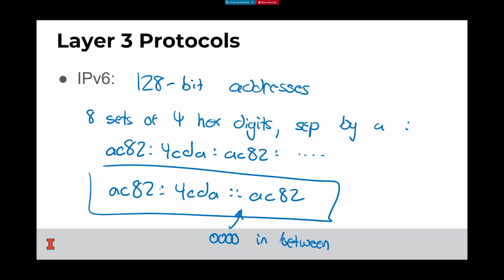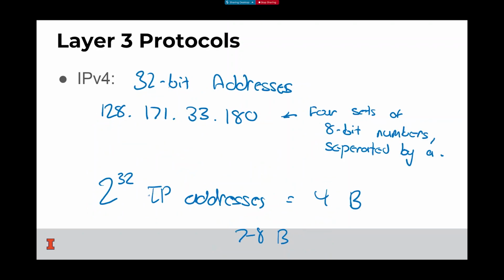I want to talk about one last thing on IP addresses. In an IPv4 address, we have one very, very special address that will become our best friend: 127.0.0.1.